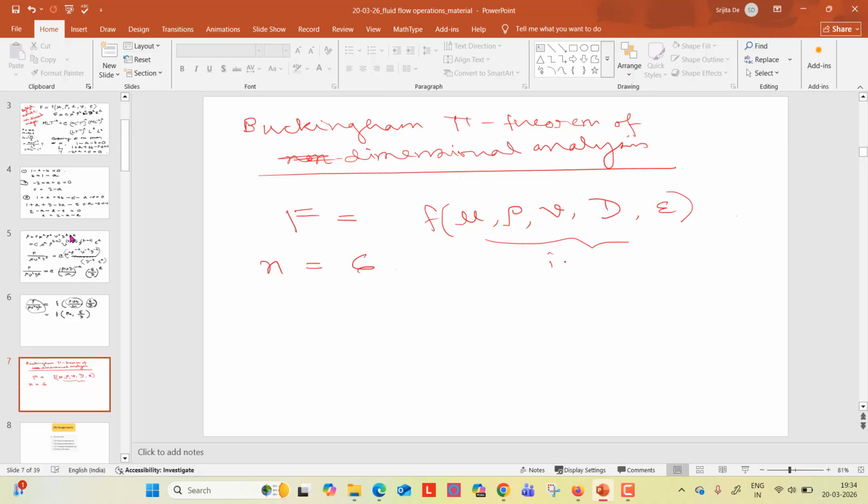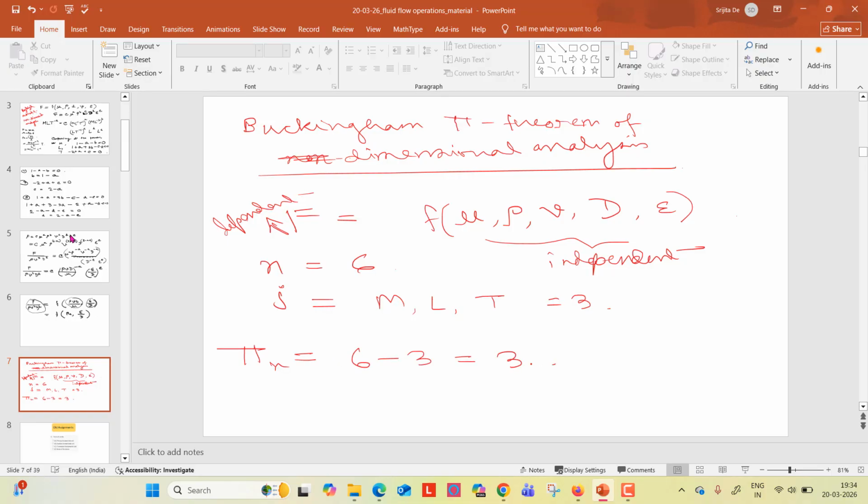5 independent variables and 1 dependent variable. These are independent, and this one is the dependent variable, right? And what are the basic parameters J? So basic parameters we know there are 3, M, L, T. So now the number of dimensional parameters will be 3. So this is 6 minus 3 will be 3, right?